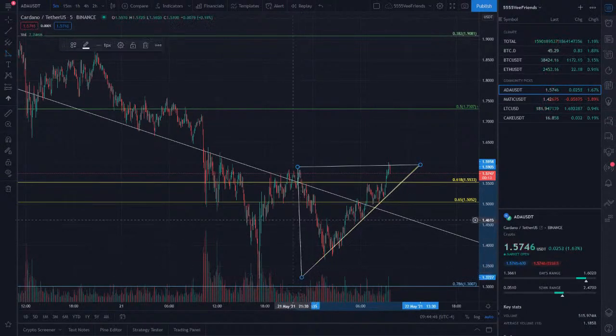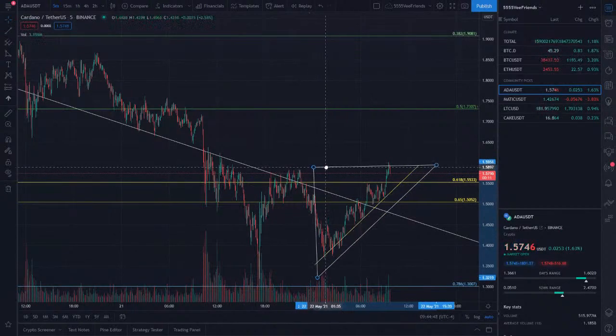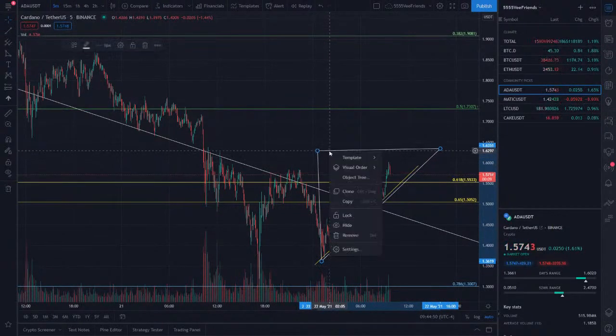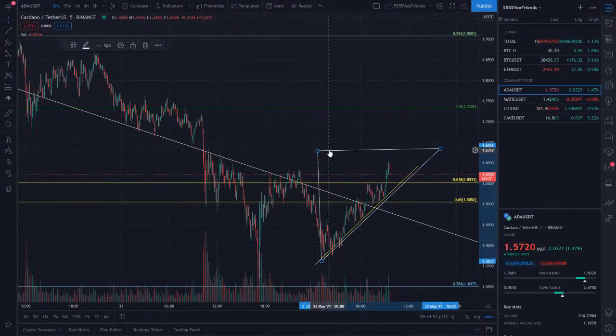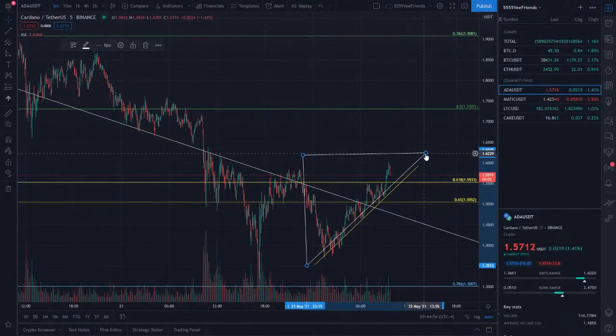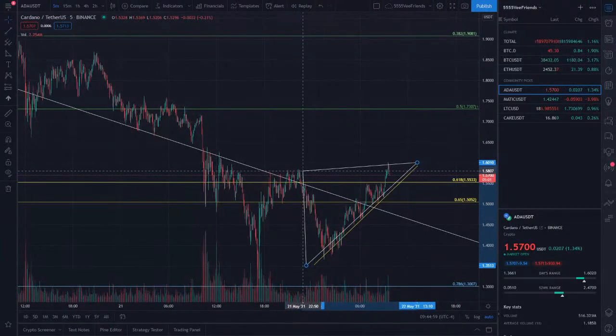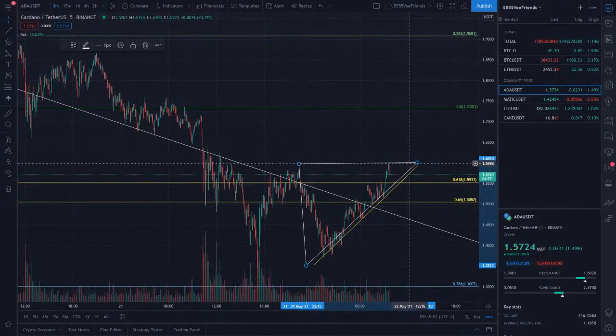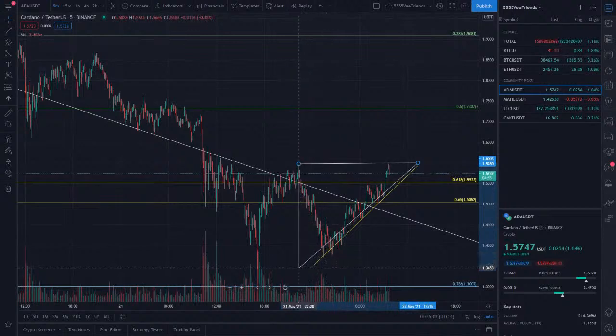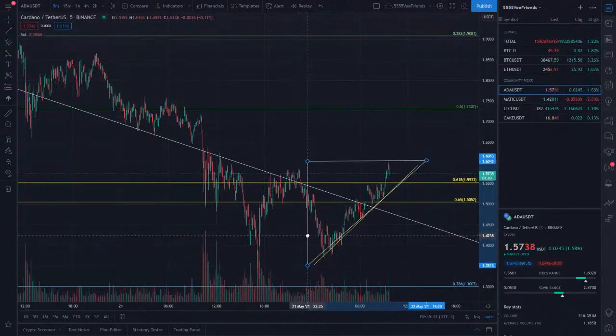Oh boy. I got to redraw this thing. Exciting stuff, I know. Super exciting.